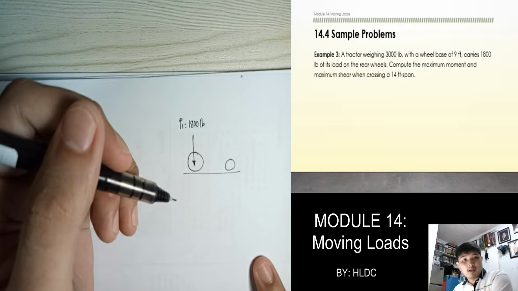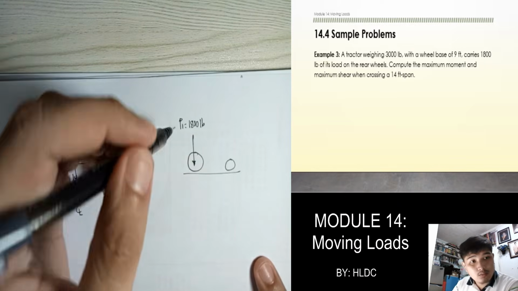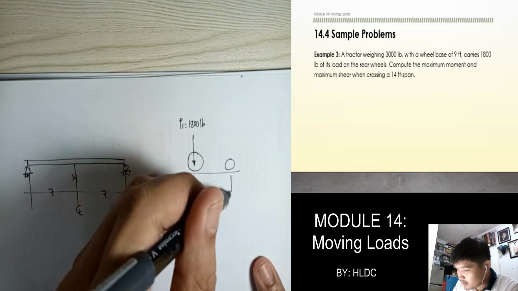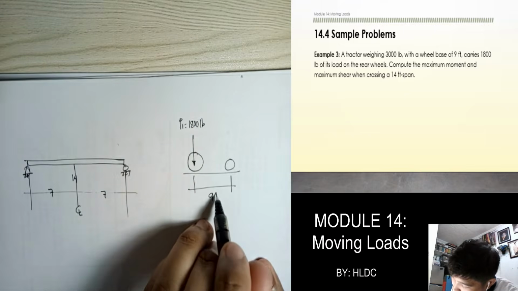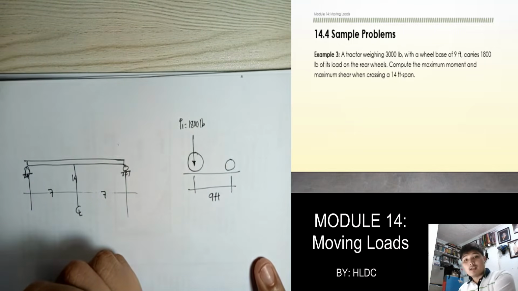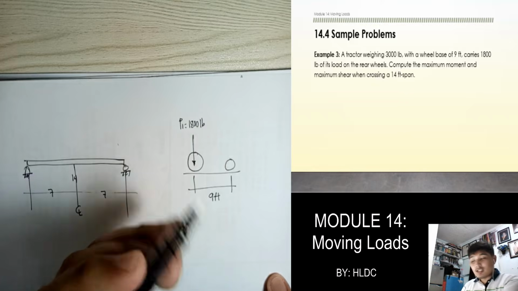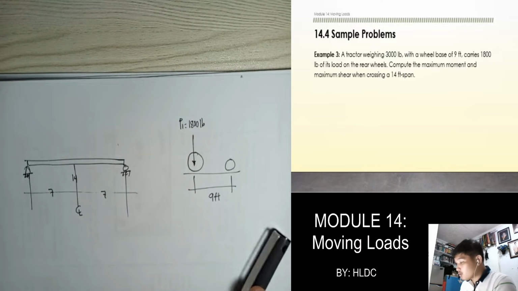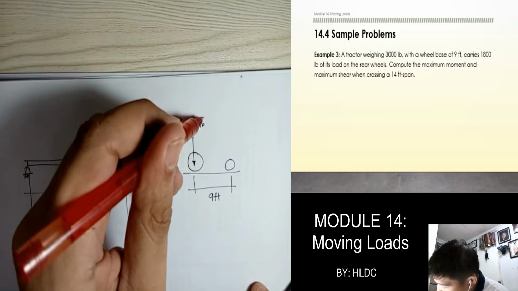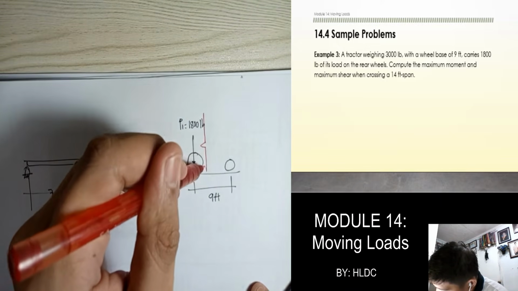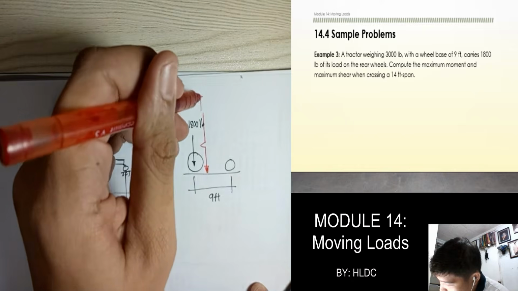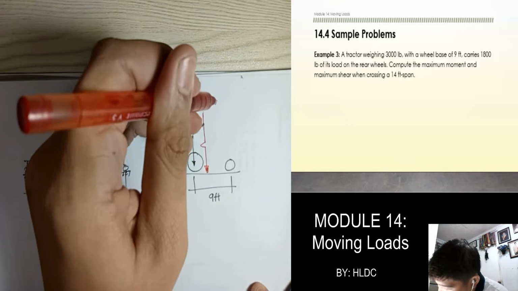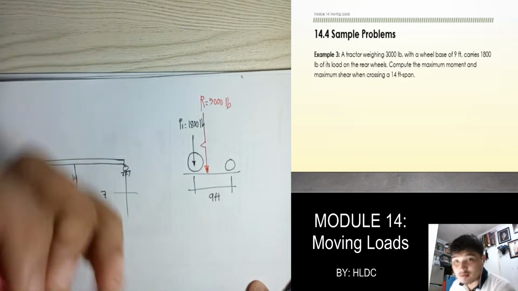And then, binigyan ba tayo ng distances? So, wheelbase of 9 feet. So, distance nito is 9 feet. And then, sabi, a tractor weighing 3,000 pounds. So, sabihin yun yung overall. So, parang sinasabi natin yun yung resultant. Okay, so therefore, resultant weight daw niya, total weight, R, is 3,000 pounds.